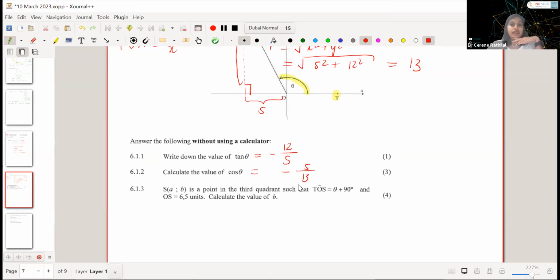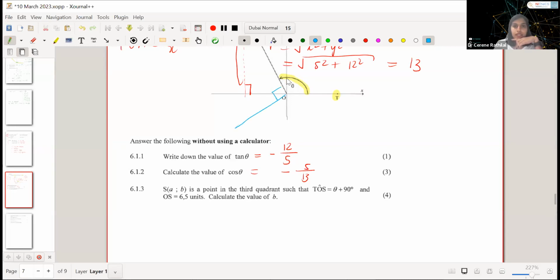All right, let's answer the last question here. It says that S is a point in the third quadrant. Okay, fine. S is a point in the third quadrant. Let me make space to draw something in here. Such that TOS is equal to theta plus 90. So now I need to form 90 degrees in here.